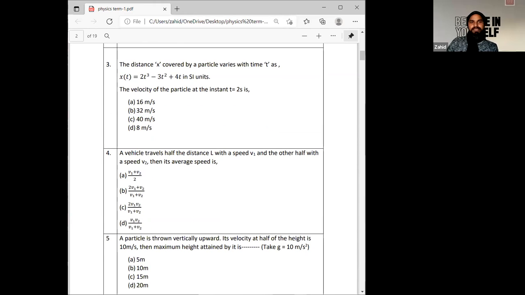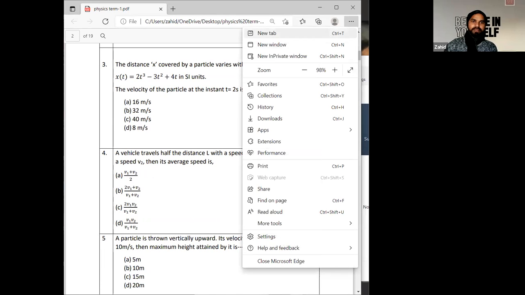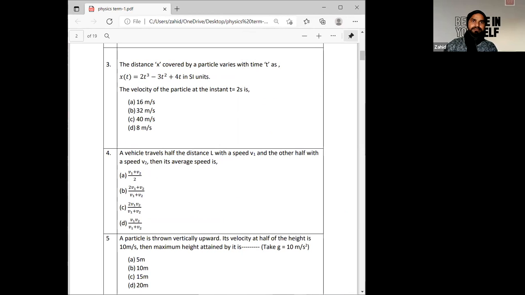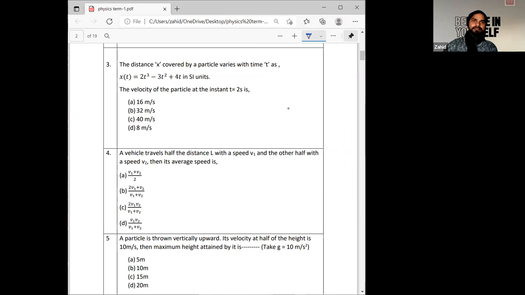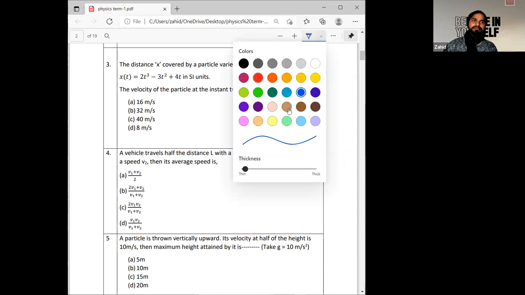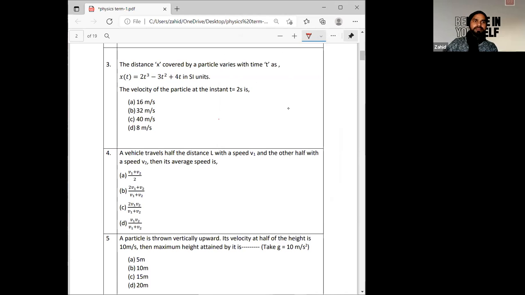Next is distance covered by the body is this much, and you have to find velocity. How have you calculated? You have to just differentiate it.